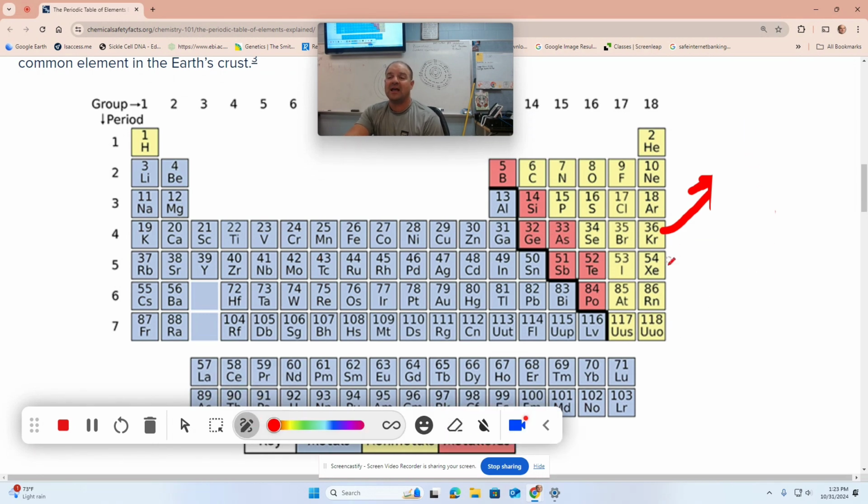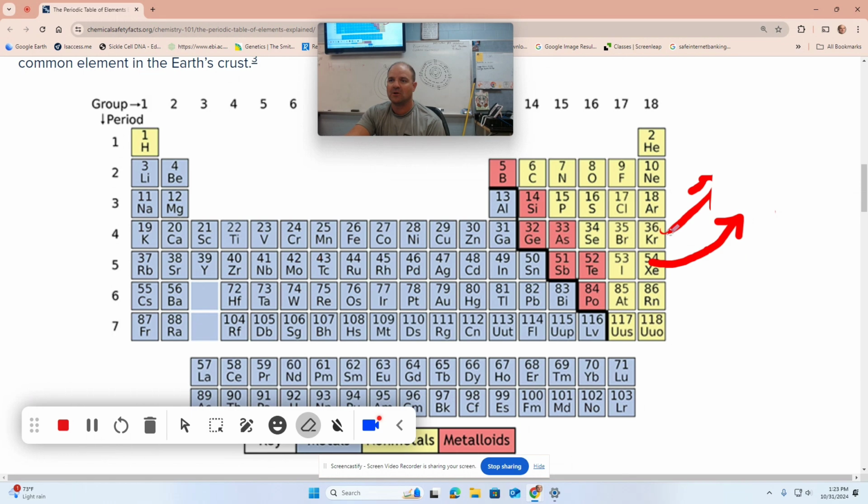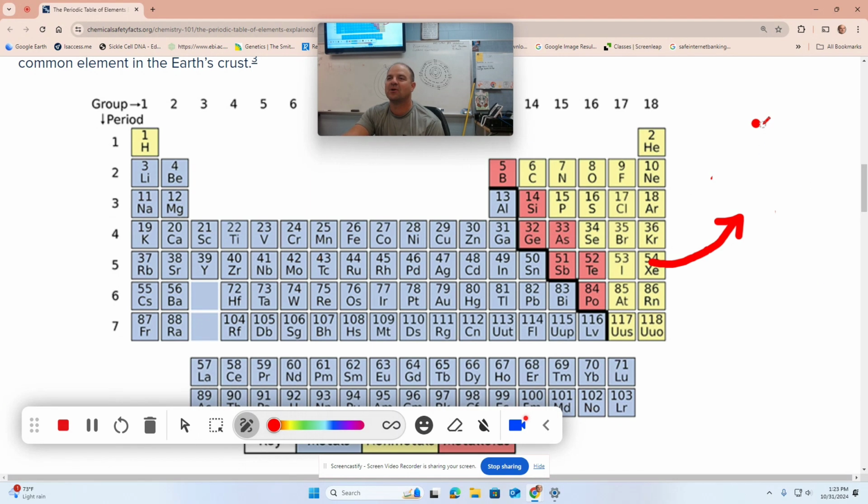Okay, now for xenon's row, all the way back over to rubidium. How many do you think the first row would take? 2. How many do you think the second row would take? 8. How many do you think the third row would take? Up to 18, right?